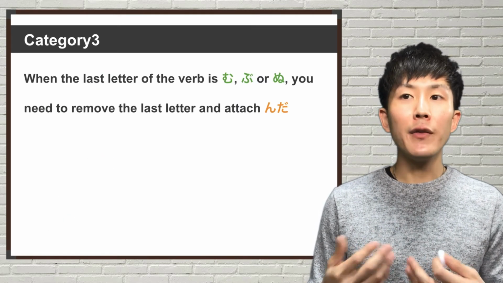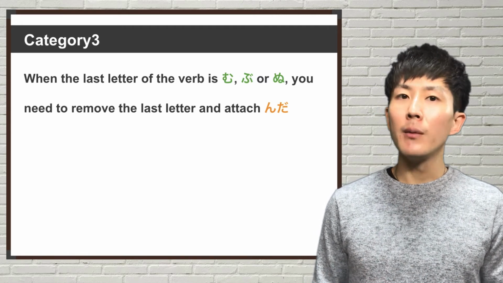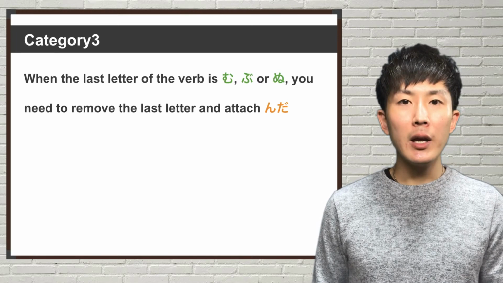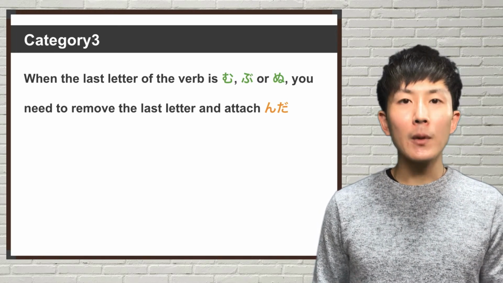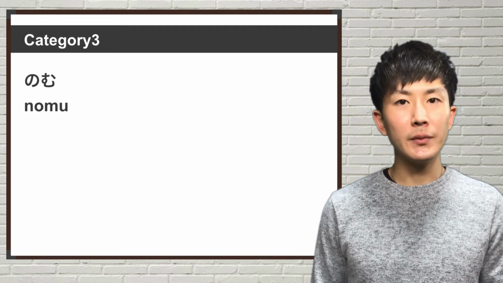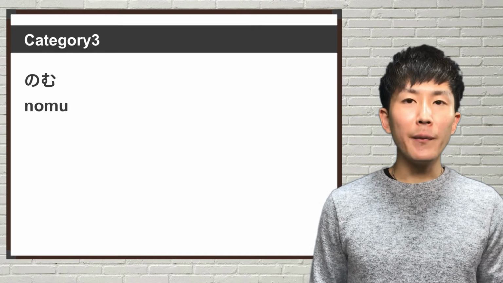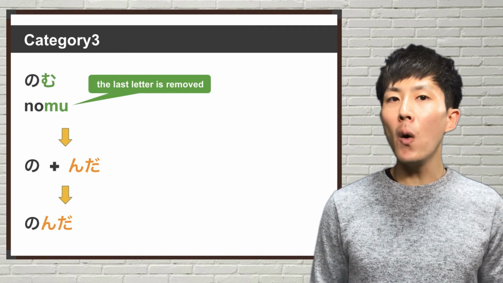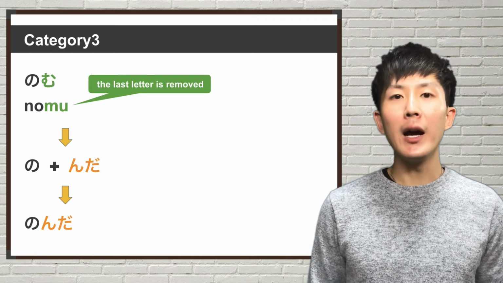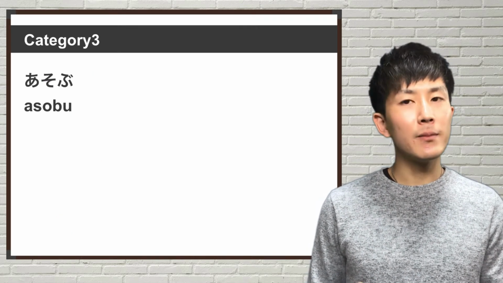Next, category 3. When the last letter of the verb is む, ぶ or ぬ, you need to remove the last letter and attach んだ. For example, 飲む, which means drink. Then remove the last letter and attach んだ. So it becomes 飲んだ. I drank. 遊ぶ, which means play.